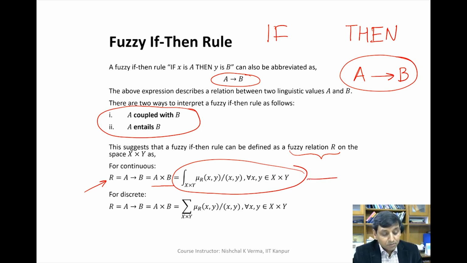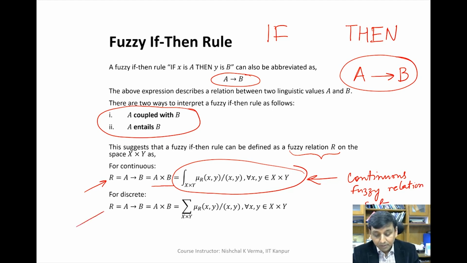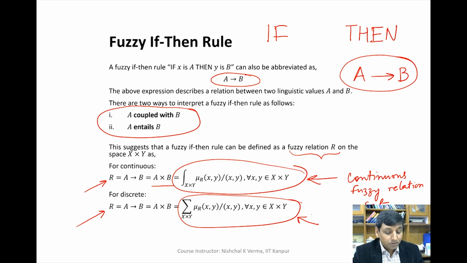So this is for the continuous fuzzy relation set. Similarly, if A and B are both discrete fuzzy sets, then of course the fuzzy relation set will be a discrete fuzzy set. We have already done this in the previous lectures, so I'm not going into this again.